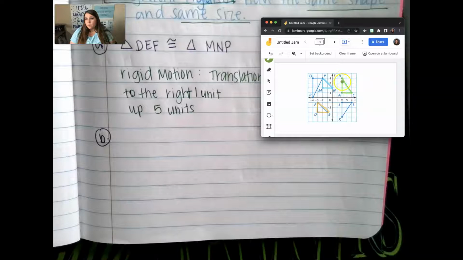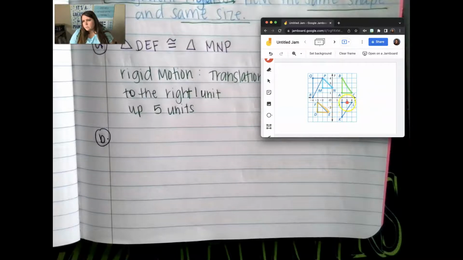So we have 1 unit, 2 units, 3 units. So a 3 by 1, 2, a 3 by 2. Well, let's look at PQR. So there's a 2, but this one is 1, 2, 3, 4. So that one is not congruent. Let's look at another one. Let me change colors here so that we can see it a little bit better.